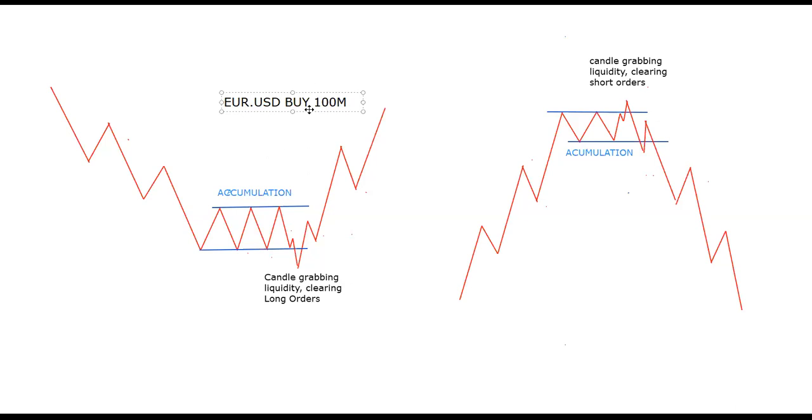So in order for them to have at least half of that $100 million filled, what they're going to do is go ahead. One tactic, actually, one of the ways they can create liquidity, or move the market, or manipulate the market.